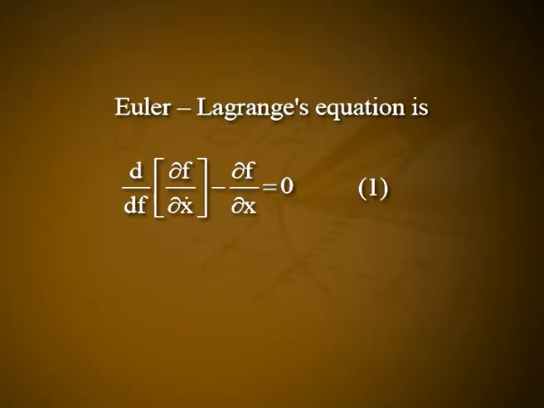Euler-Lagrange's equation is d/dt of ∂f/∂x dot minus ∂f/∂x is equal to 0.